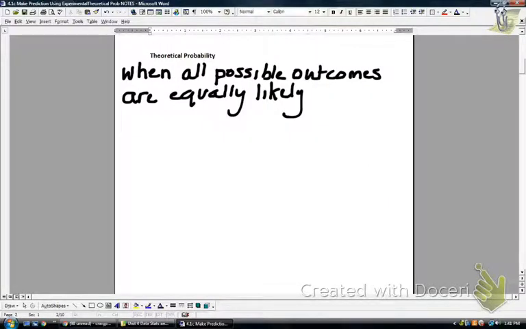So theoretical probability is when all possible outcomes are equally likely. We've kind of already dealt a little bit with that. We just didn't call it that at the time. So the probability of an event occurring is number of favorable outcomes. That should sound familiar.